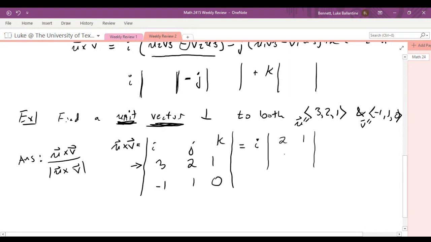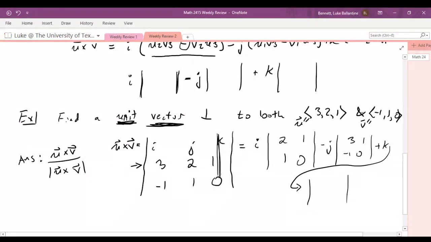We have the remaining 2 by 2 determinant 2, 1, 1, 0, minus J times, crossing out the J column and the J row, the remaining determinant 3, 1, negative 1, 0. And then I'm going to add K times the 2 by 2 determinant. We cross out this column and this row, and the remaining 4 numbers make up my 2 by 2 determinant associated with K.